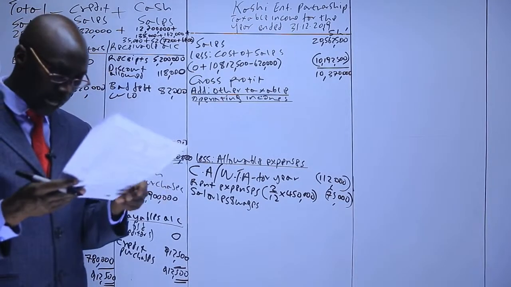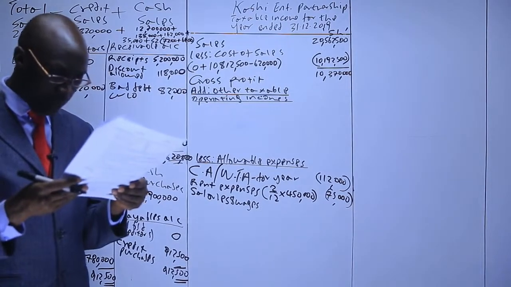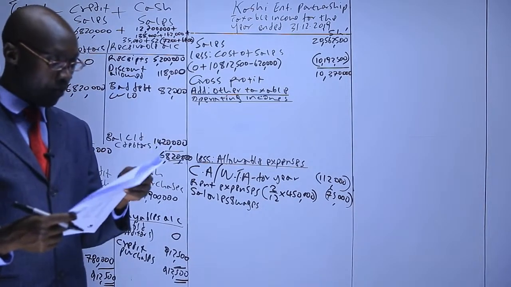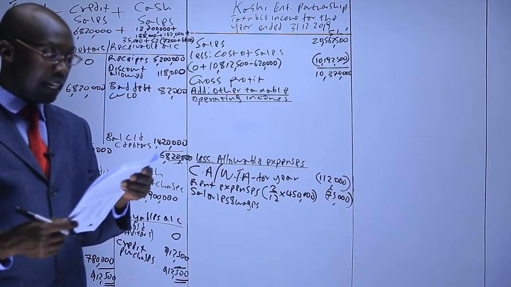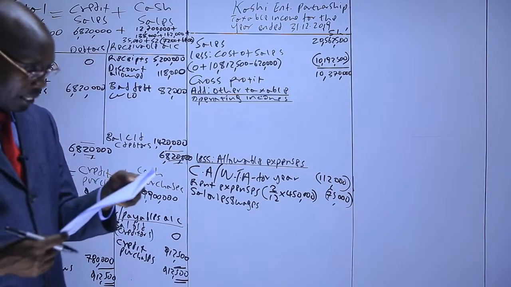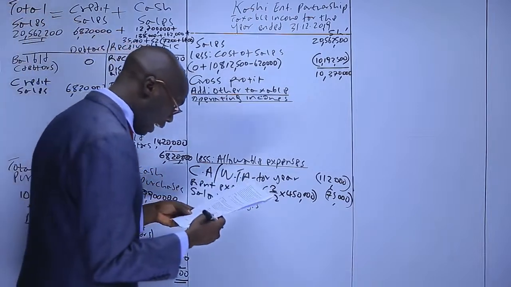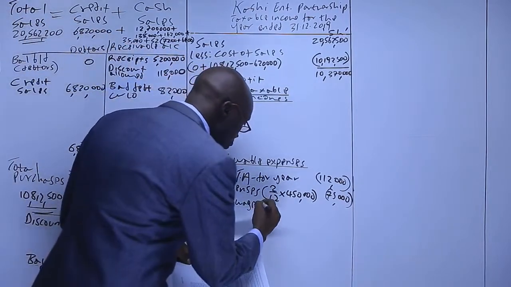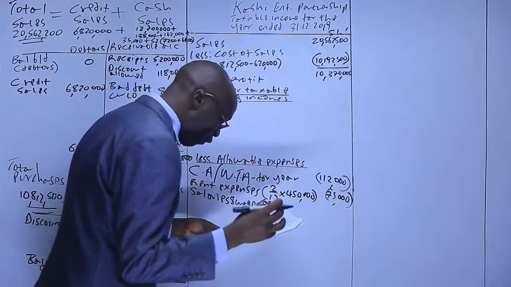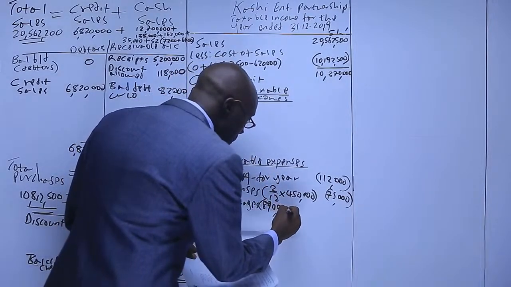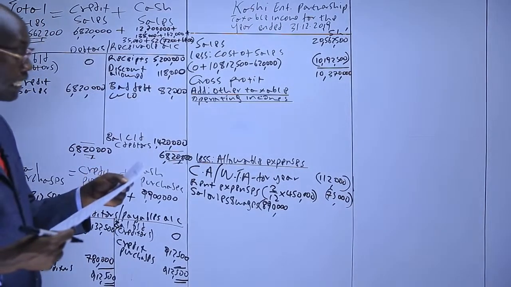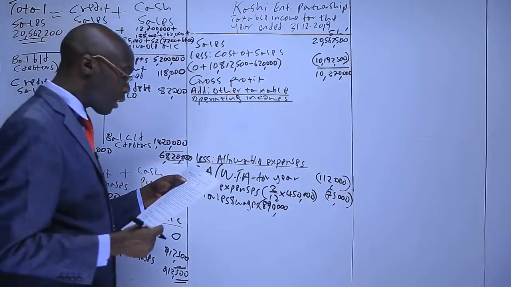Another place where wages are mentioned is number 1, the following payment made through the cash from the banking. So we have the wages. So we come here and have the salaries and wages. We open a bracket. Remember, we want to know the allowable salaries and wages for this year. 890,000. And then we have to add the one that was paid through the cash. This was through the bank. The cash was 162.